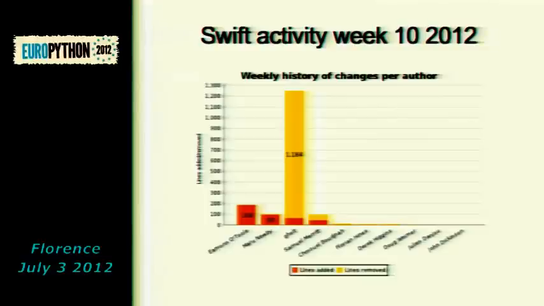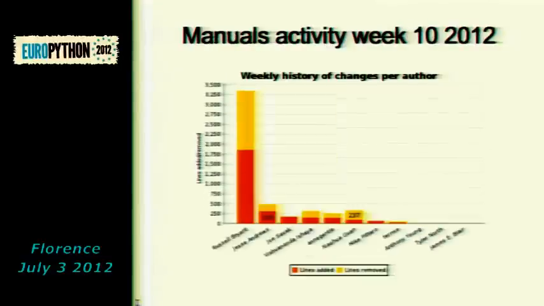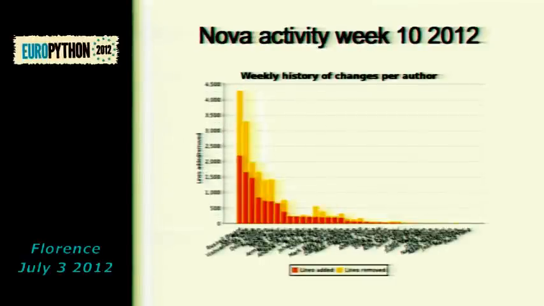That's the networking. Swift is the object store. Tempest. The manuals get a lot of work in OpenStack, which is good. Nova, being the central service, still gets most of the commits and most of the work. So this system supports a lot of developers continuously developing on it, and it supports them well.